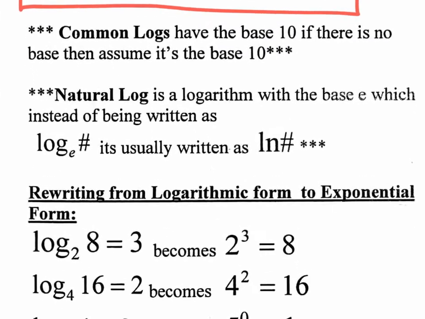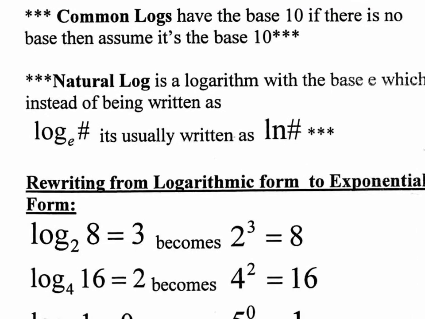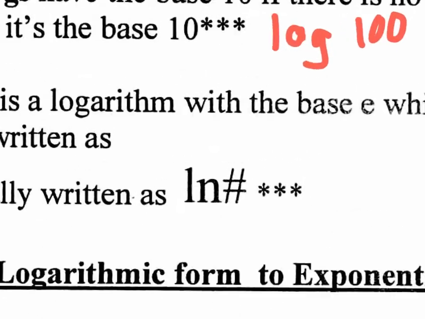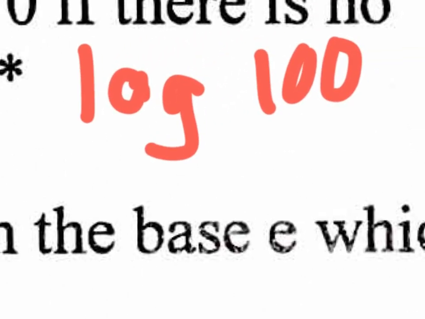Common logs. Okay, common logs have the base 10. So if there is no base on the logarithm, you have to assume that it's base 10. So for example, if I give you this problem, log 100, you have to automatically assume that this base right here is 10.